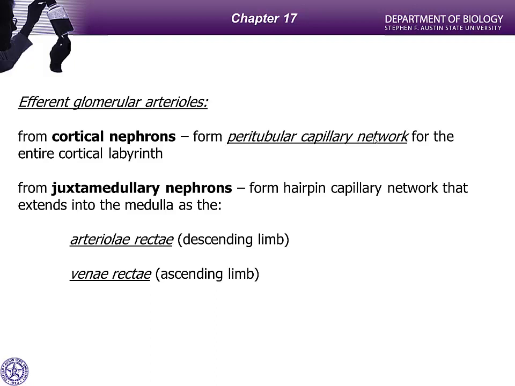And I think you can already see what's going on here. We have arterial blood descending, venous blood going back up toward the cortex. And so we're going to have capillaries between the straight arterial portion, between the straight venous portion, and when you consider these collectively together, they're referred to as the vasa rectae, vasa meaning vessels.